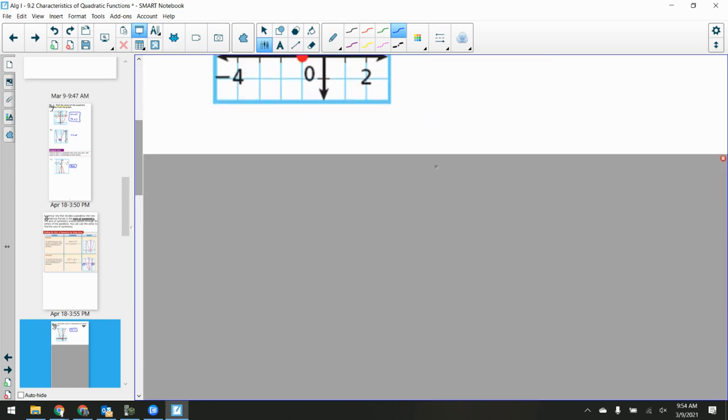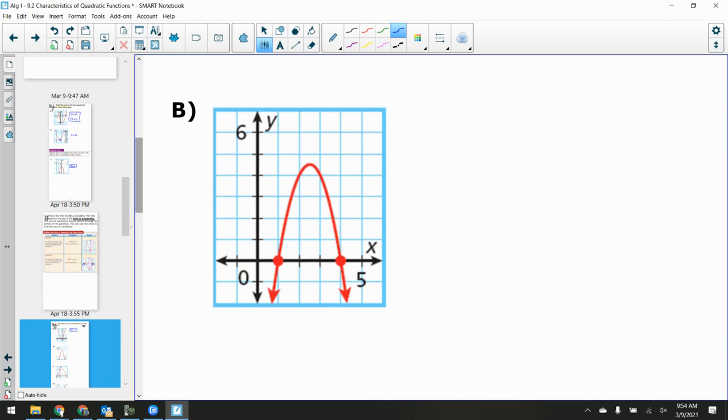Take a look at the next one. Go ahead and draw in your axis of symmetry there. Where do you think it lines up? x equals what? 2.5? How can we know for sure that it ends up at 2.5? Well, where is that zero? That's at 1, 0, right?